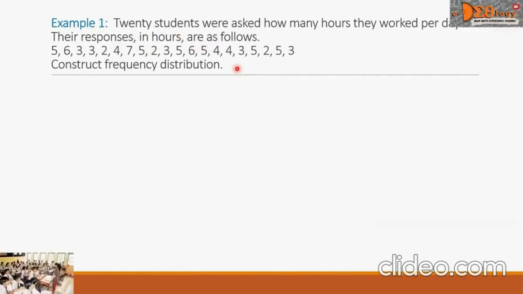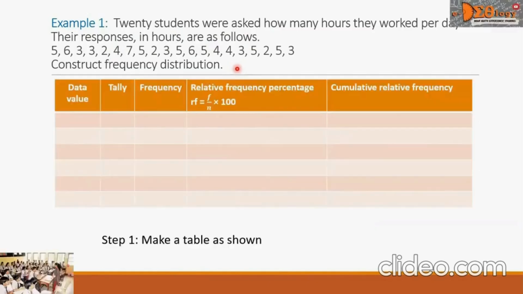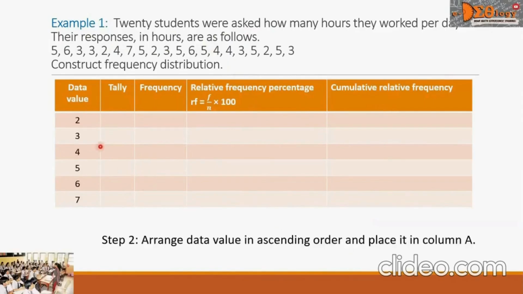First, let's have our step 1, and that is to make a table with 5 columns. In step 2, we will arrange data values in ascending order. So we have data starting from 2, 3, 4, 5, 6, and 7.